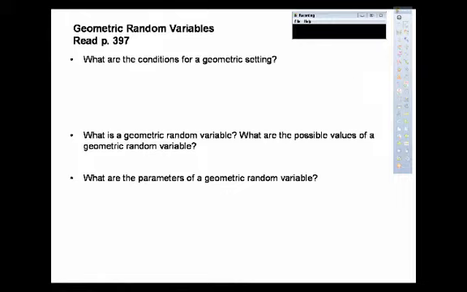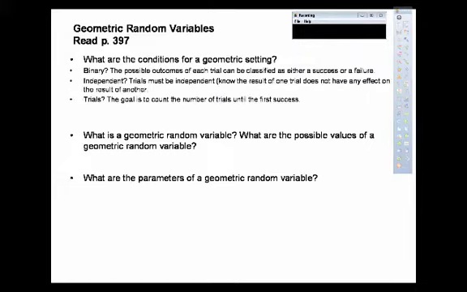So, what are the conditions for a geometric setting? First of all, just like with the binomial distribution, it has to be binary. Again, the possible outcomes of each trial can be classified as either success or failure. Trials must be independent.